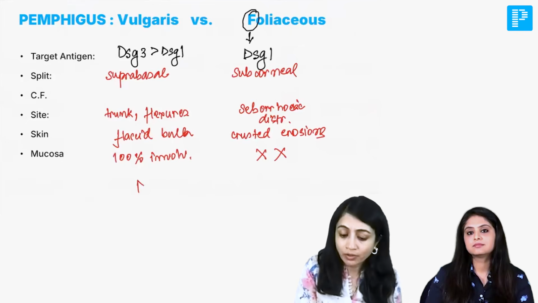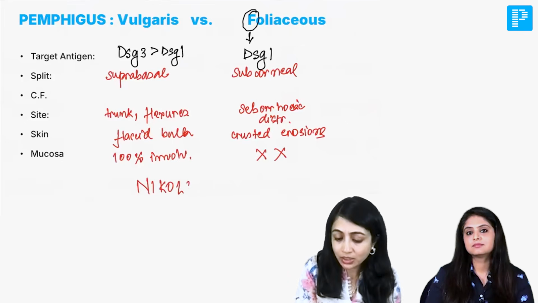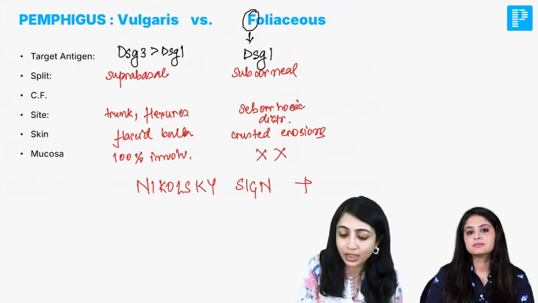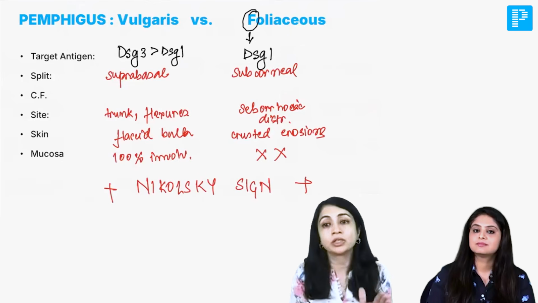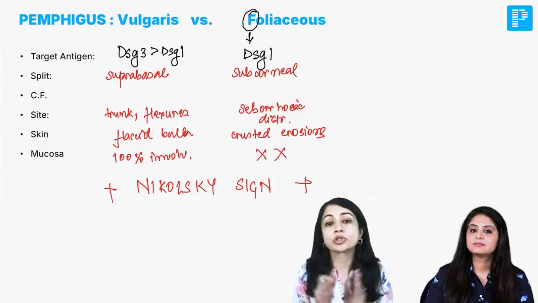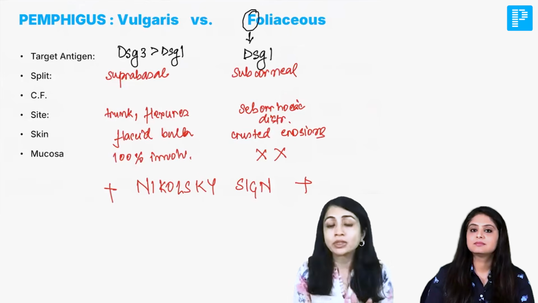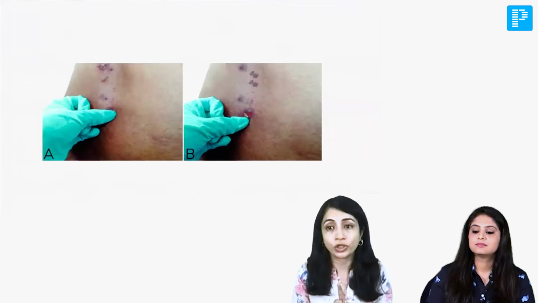Now remember, we will discuss a sign, but since we are enumerating all the differences here, Nikolsky sign is positive in both these disorders because they are both intraepidermal disorders. Nikolsky sign will be positive in both. So if you remember this table, clinically, you would be able to differentiate between vulgaris and foliaceus.